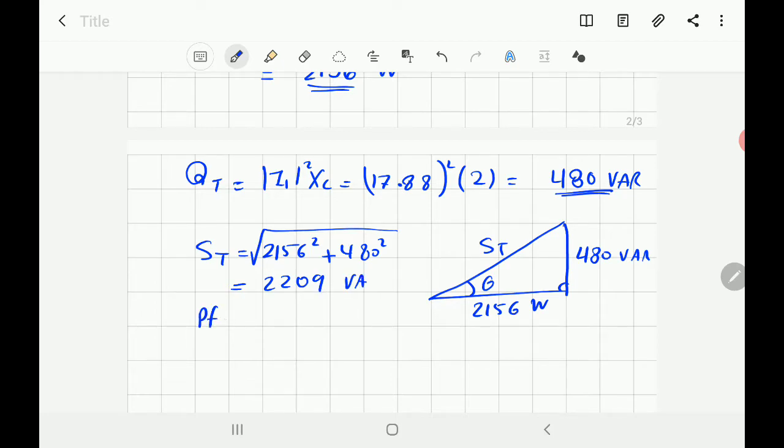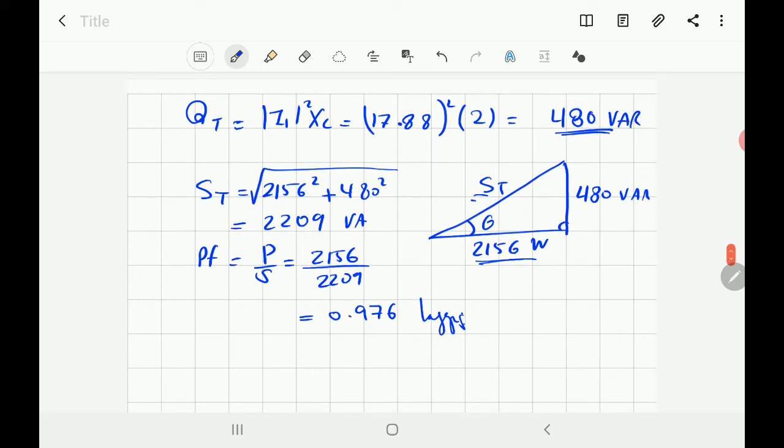To find the power factor, it's the ratio between the power and S. The power is 2156 divided by S, 2209. It will be equal to 0.976. And obviously this is a lagging power factor because Q is in the positive direction. So this problem is done.